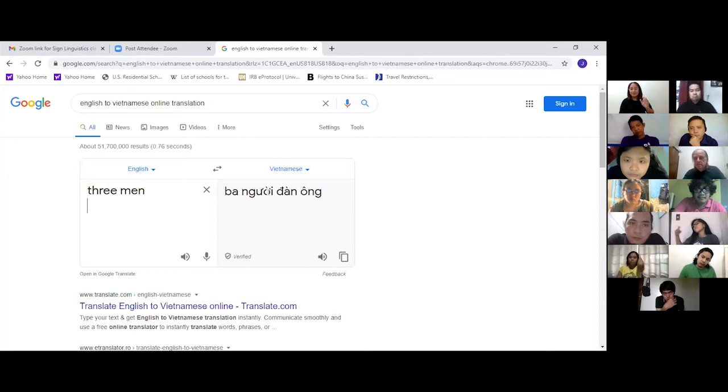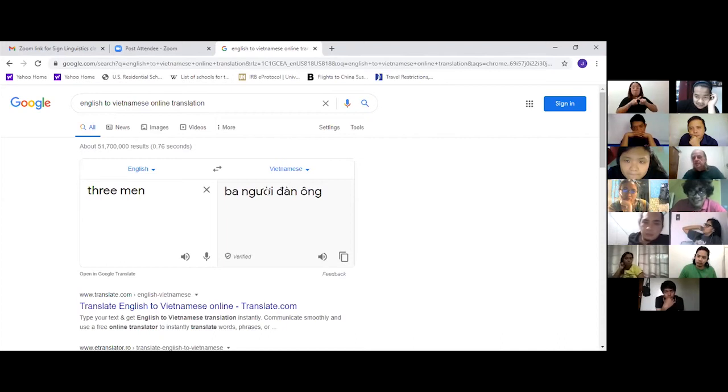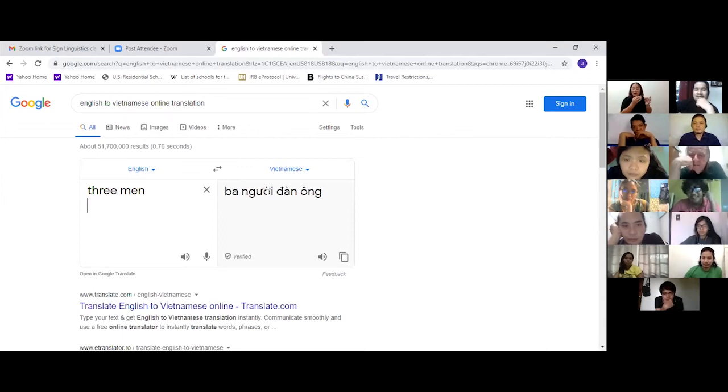Does that make any sense? We want to represent the structure of Filipino Sign Language, but we want to make a translation that makes sense in English. So if we're explaining this phenomenon about classifiers in Vietnamese, we can explain it in the section on linguistic and cultural information.